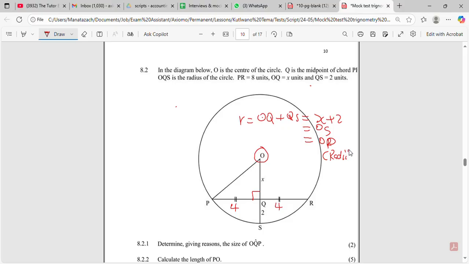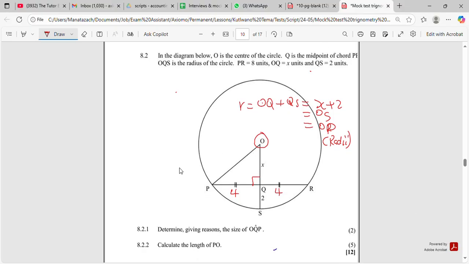Okay, so now let's start with the question. The first question says, determine, giving a reason, the size of OQP. We've already established that OQP is 90 degrees, right? So that should be 90 degrees. And when they say we must give a reason, we've already spoken about it.